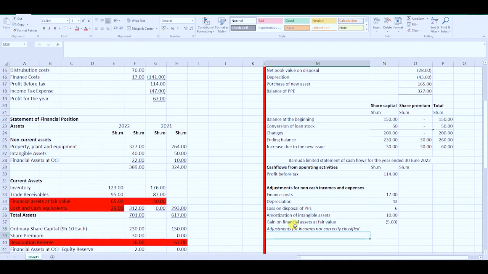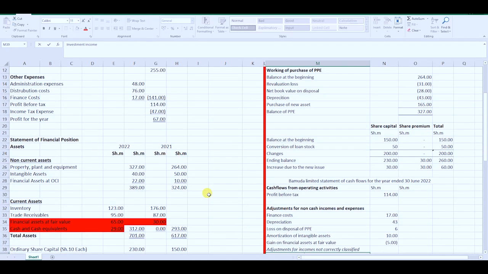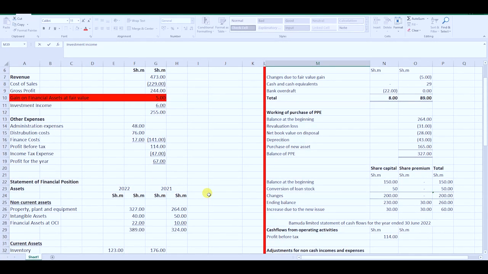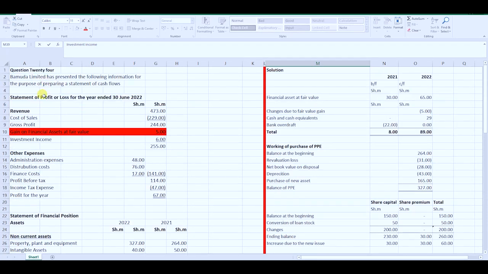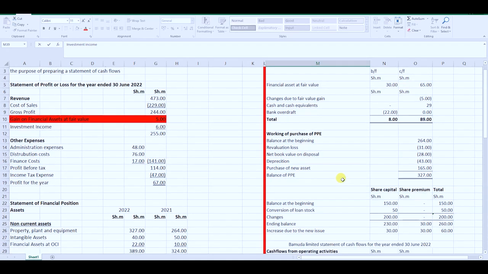The first one is investment income. Investment income can be identified from the income statement, or statement of profit and loss. So the investment income was over here, so it needs now to be deducted from over here.